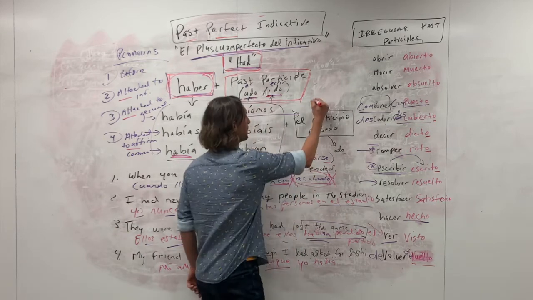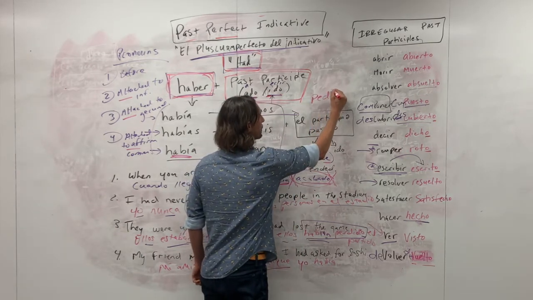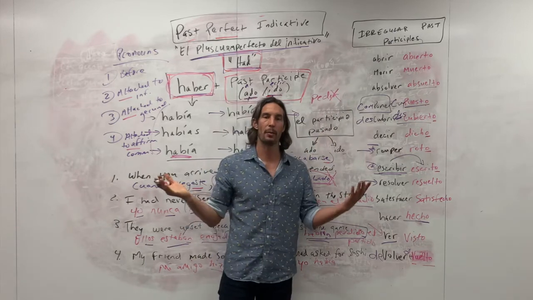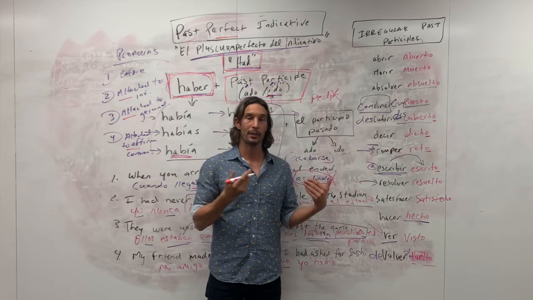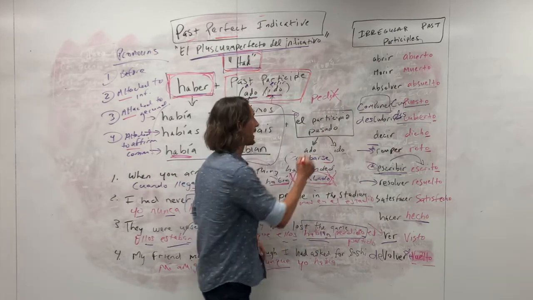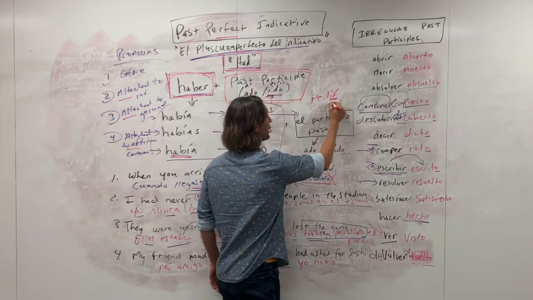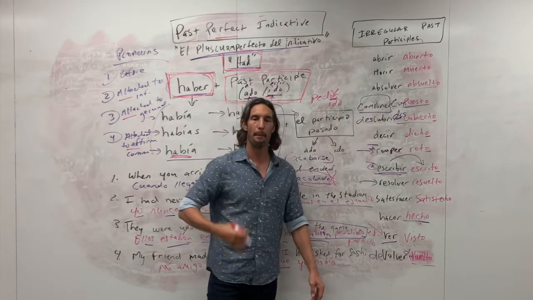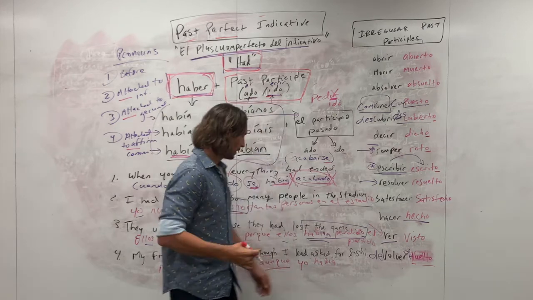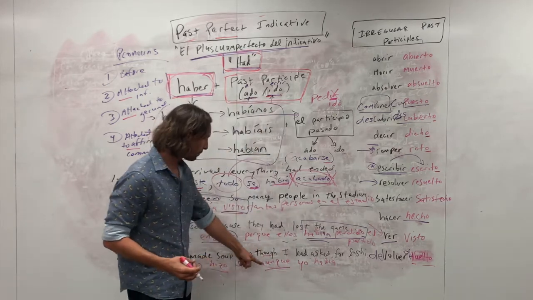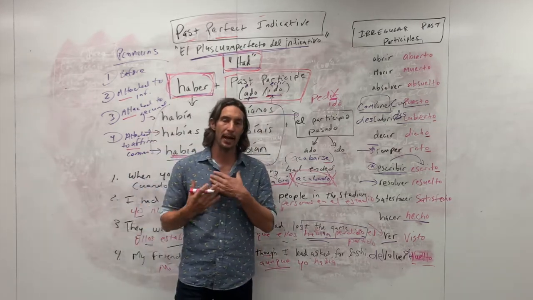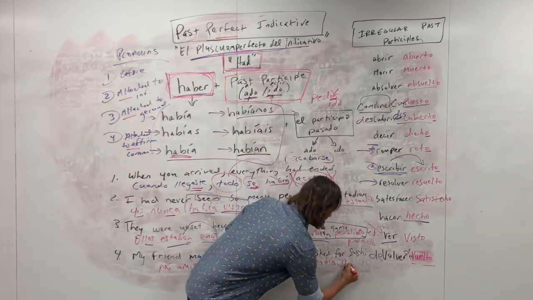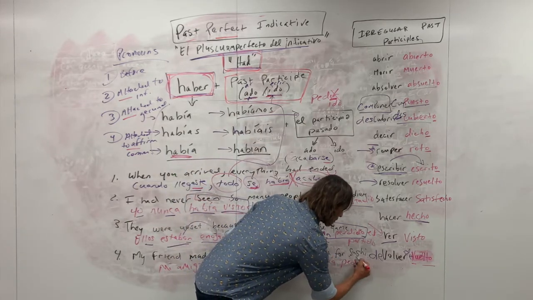Pedir, right? And I'm going to write it up here. Pedir. We drop the IR. This is how we deal with regular past participles. We drop the IR, right? In this case, it's an IR. And we're going to add ido. So it becomes pedido, right? And so, mi amigo hizo sopa, aunque yo había pedido sushi.